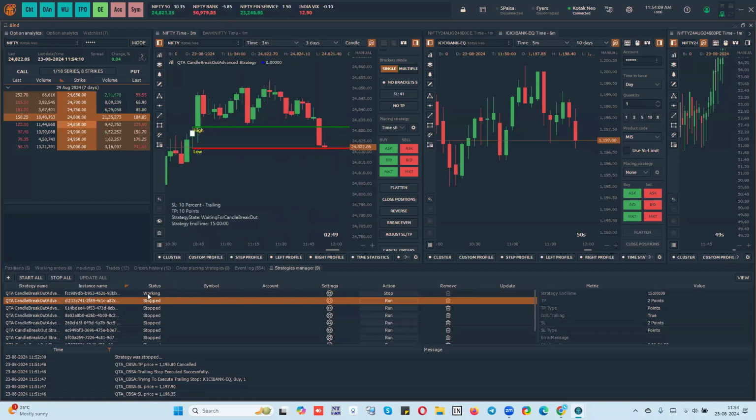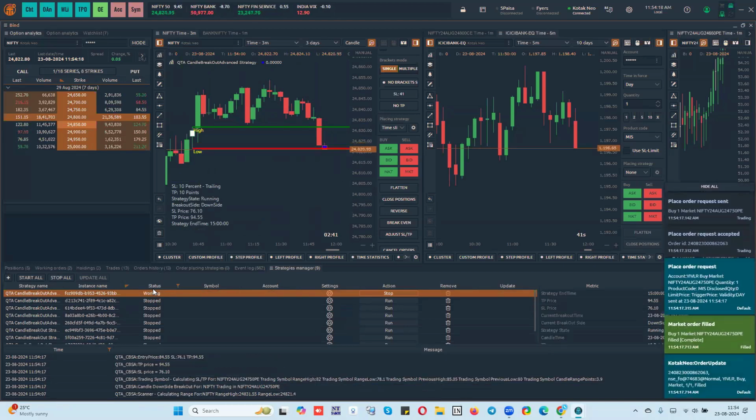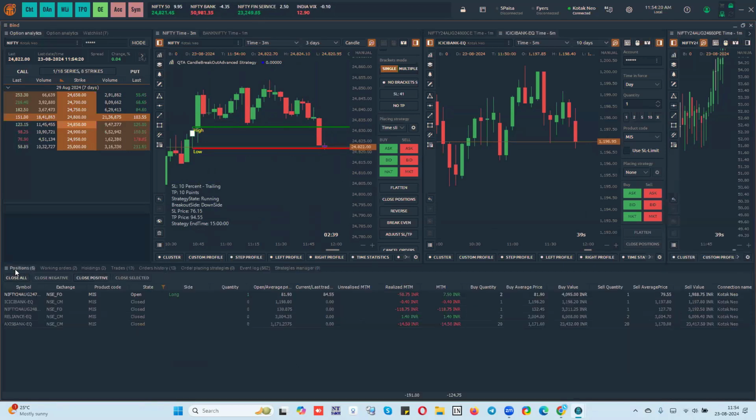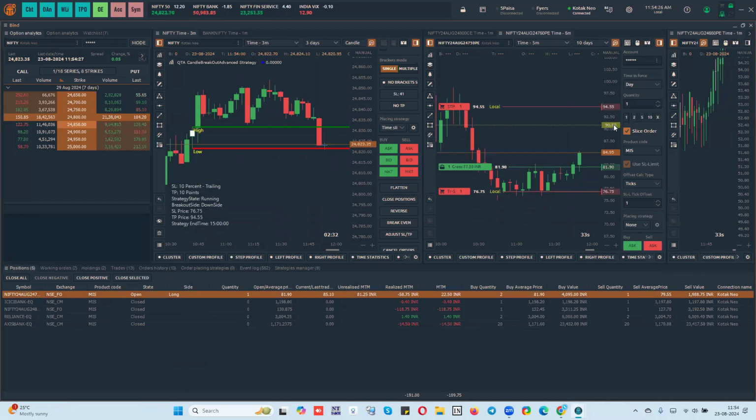And the strategy is working. On a breakout downside, it should buy the put option with one strike out of the money. So it has already done a trade now. You can see that it has entered an option trade of 24,750.